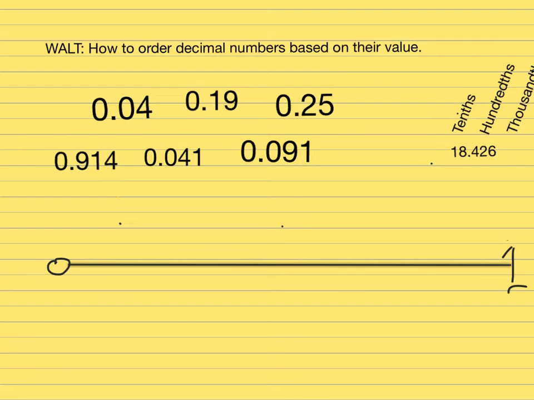Our numbers are 0.04, 0.19, 0.25, 0.914, 0.041, and 0.091. All right, we can see there that they're all less than 1 because they haven't got any whole numbers at all. They're all less than 1, so they're all going to live somewhere on this number line.